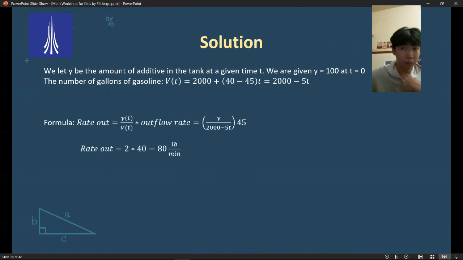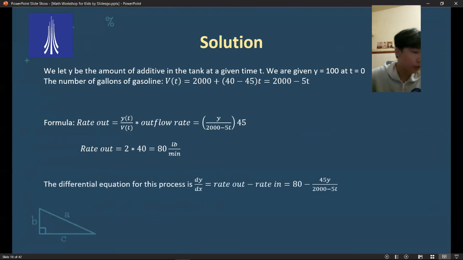So the rate out is equal to y of t divided by V of t times the outflow rate. In this case, it's y divided by 2,000 minus 5t times 45, and the rate in would be 2 times 40, which is equal to 80 pounds per minute.